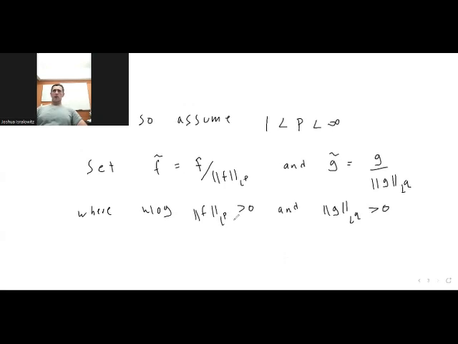So this means that, just by pulling out the L^p norm of f, the norm of f tilde is the same thing as this, which is 1. If you have any doubts, just check it.